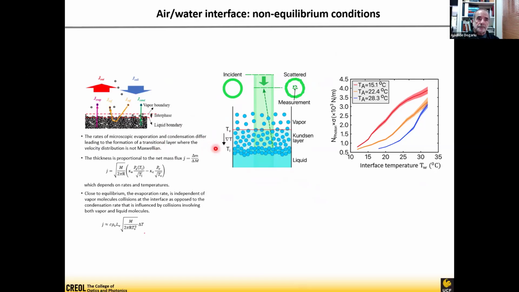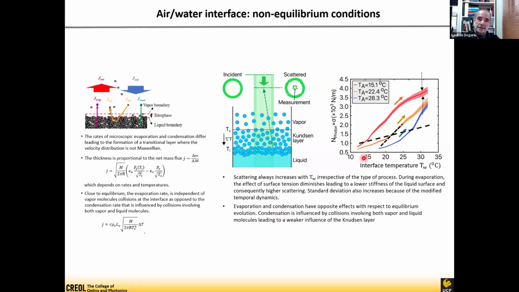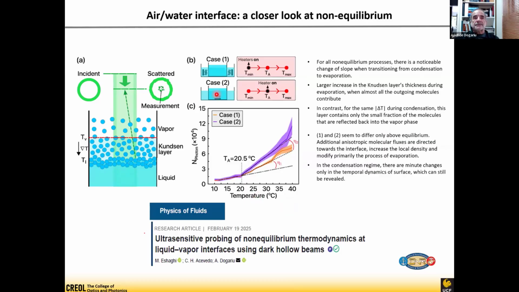There are molecules which actually are in the process of evaporation, other molecules in the process of condensation. Some of these processes depend on the temperature of the liquid, some do not. So it's a highly non-equilibrium problem, and this method allowed us for the first time to practically identify, let me just jump to identify, the very subtle details about this non-equilibrium.